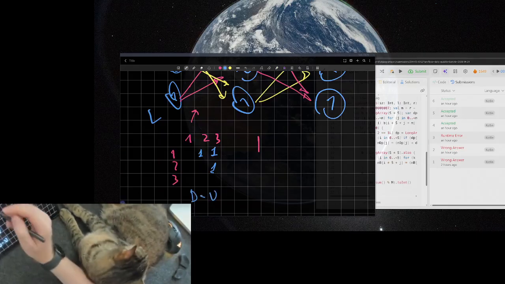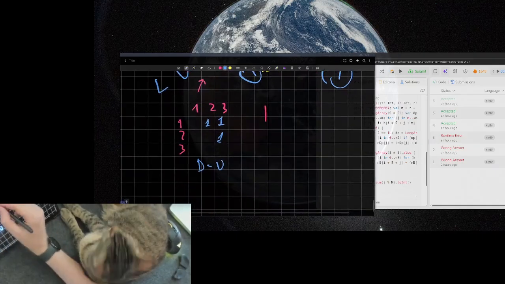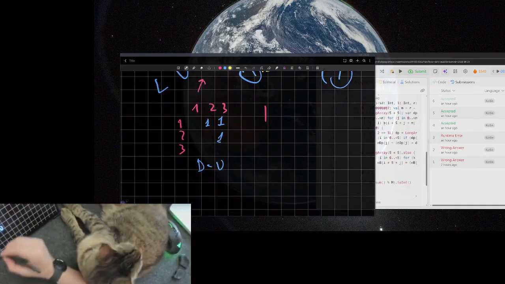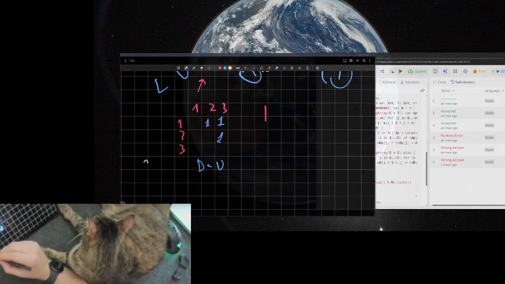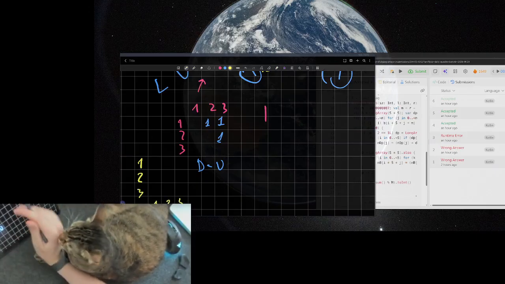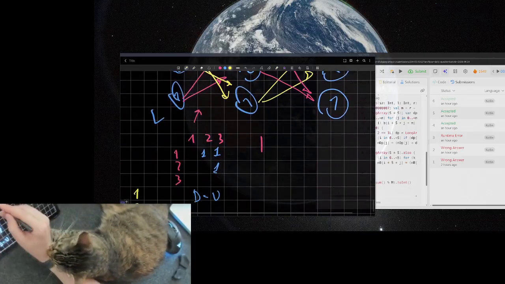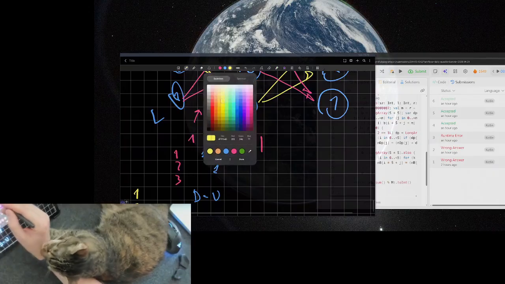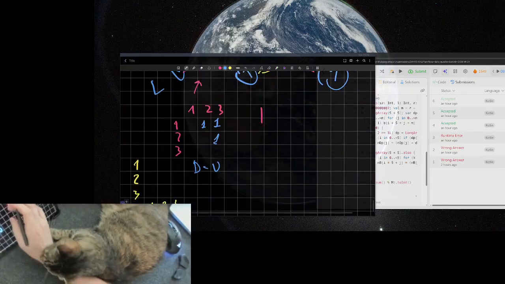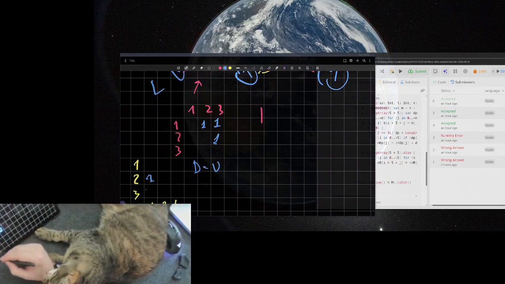And let's describe yellows. It goes from 2 to 1, and from 3 to 1, and from 3 to 2.